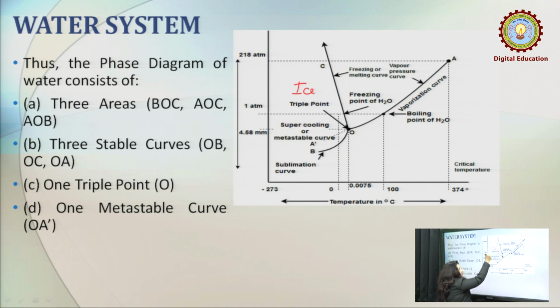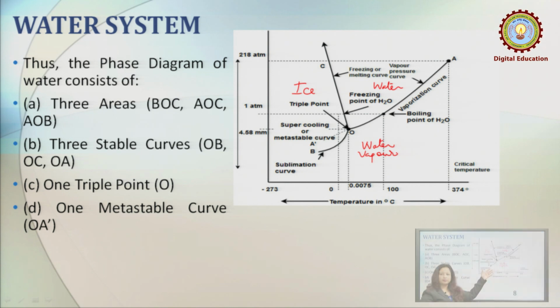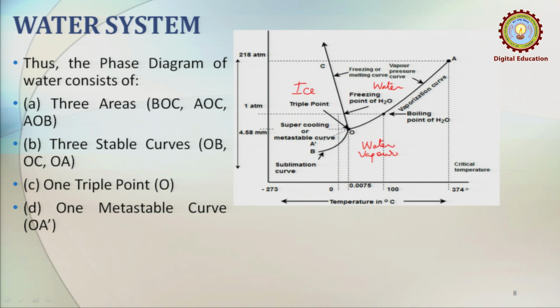This area represents ice, this area represents water, and this area represents water vapor. So this is the phase diagram of the water system, wherein 3 phases are present. In this phase diagram, we can find 3 areas: BOC, AOC and finally AOB.